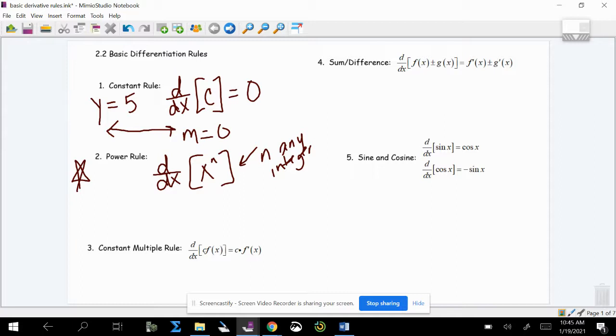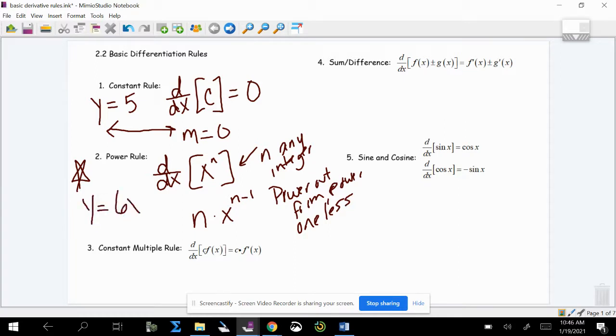The way the power rule works is you bring the power to the front, write it as a coefficient, and then you take it times the variable to a power 1 less. So you're going to hear me say power out front, power 1 less, over and over again, and hopefully it becomes second nature to you. So let's say, for example, it is 6x to the 5th.